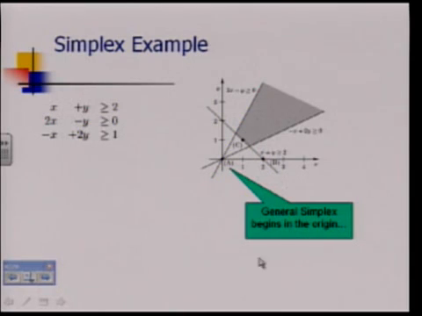And in general, you can say the simplex begins in the origin, and then you move to the front where this is x plus y greater than or equal to 2. So only above this line on the right-hand side, you have feasible, right?